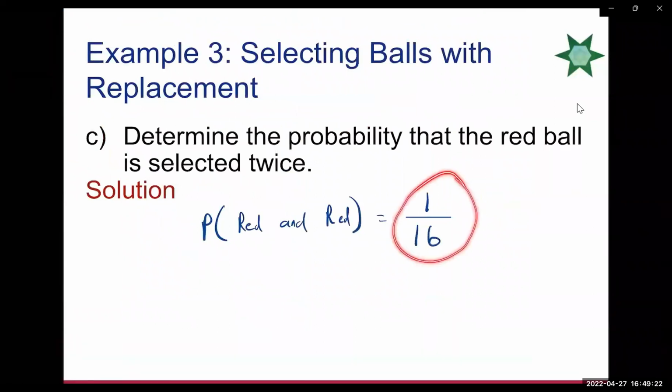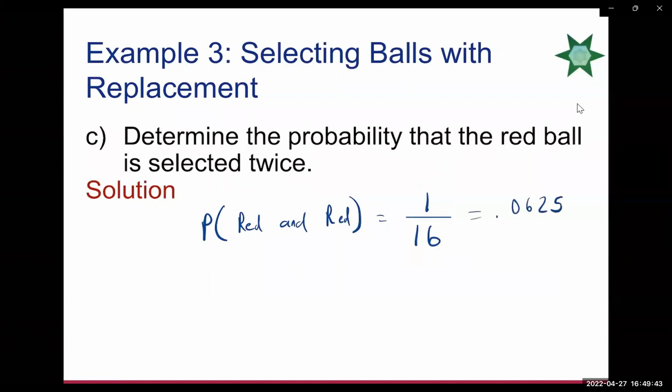You can always convert these to decimals. Some people like to see this in decimal. So if you want to convert it to decimal just to get an idea of what the probability is, you do 1 divided by 16, which is equal to 0.0625 on your calculator.